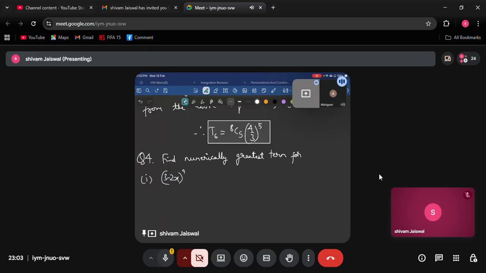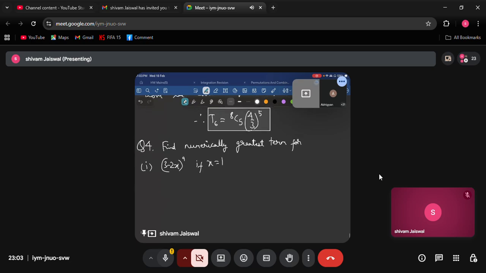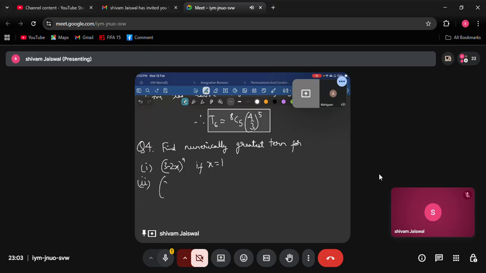Part 1: (3 minus 2x)^9 if x equals 1. Part 2: (2 plus 3x by 8)^10.